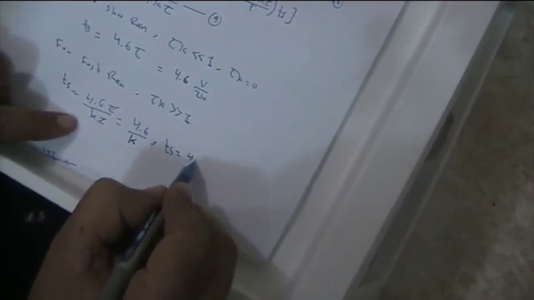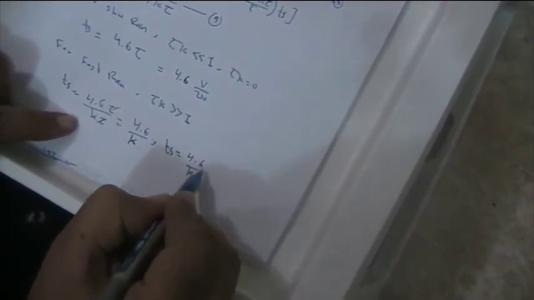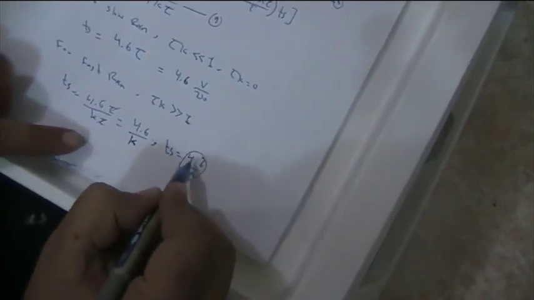We know that k is almost always small, so for a fast reaction I expect that Ts equals 4.6 over k, which is a number larger than the first case we took in this equation.